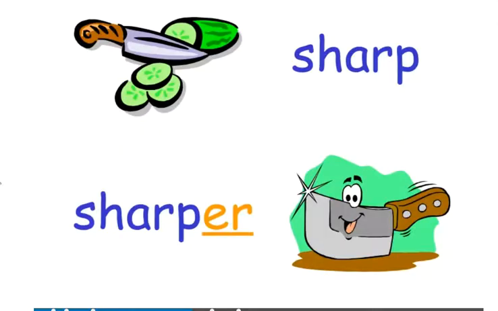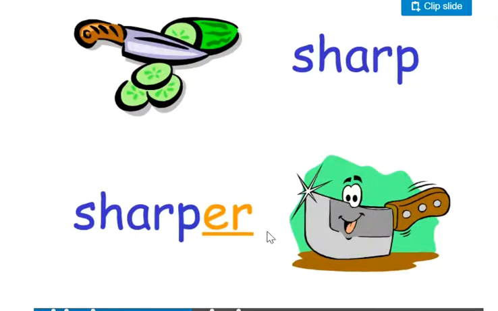Now we have a knife, two knives. So this is like a meat cleaver. I'm not sure. Okay, this knife is sharper than that knife.